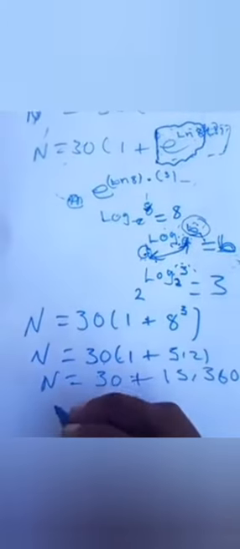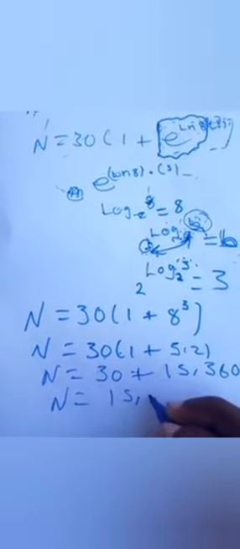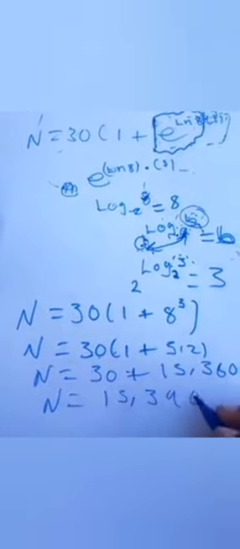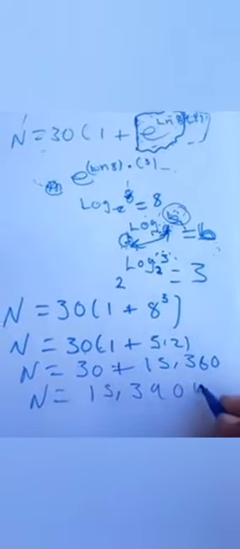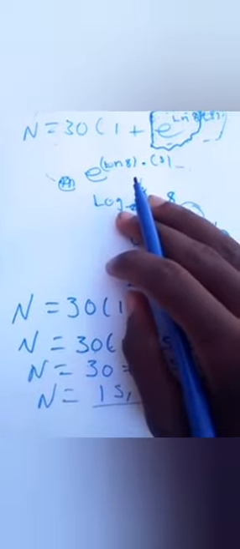Then when you add 30, you're going to get 15,390 units. Have you seen? This is how you can solve without having to use a calculator.